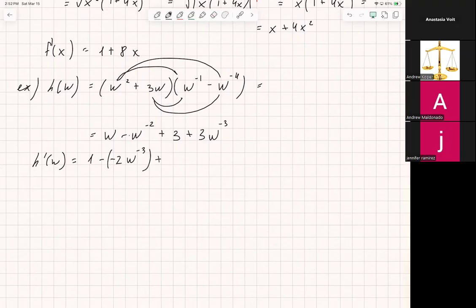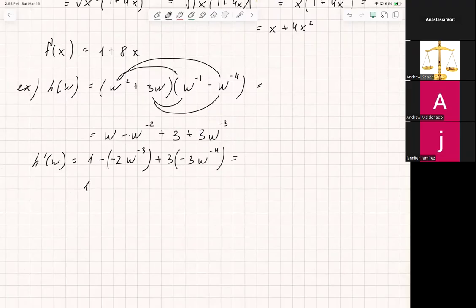Then plus, this 3 is gone because the derivative of the constant is just 0. And we have plus 3w to the -3, so -3 goes in front, so we have 3 times -3 w to the -4th power. Let's simplify.